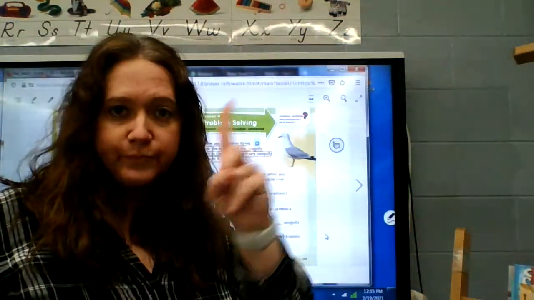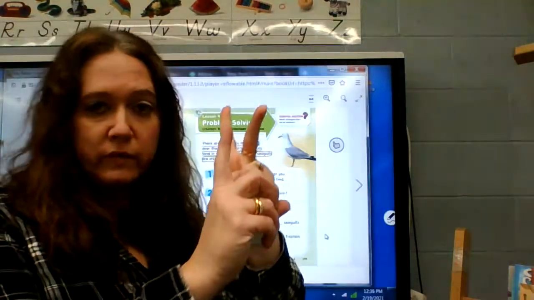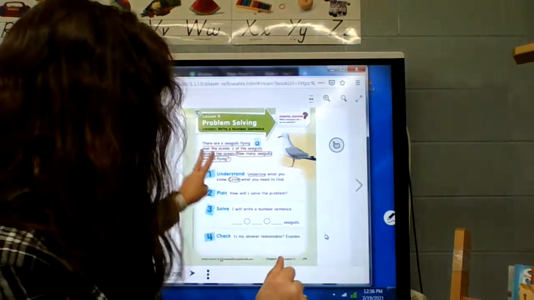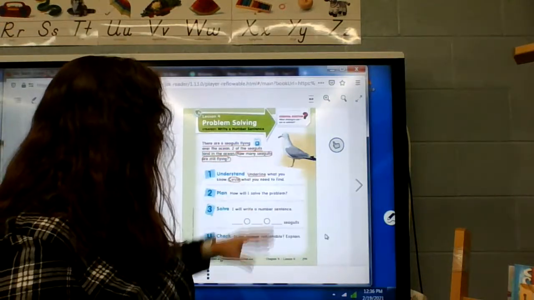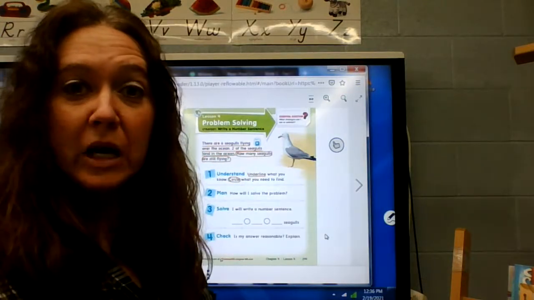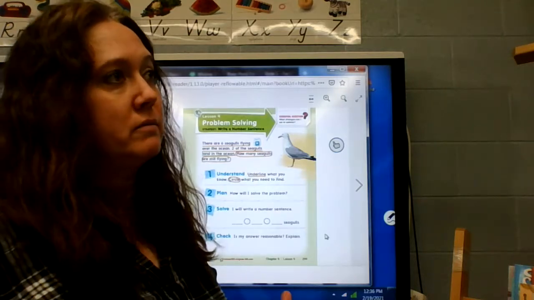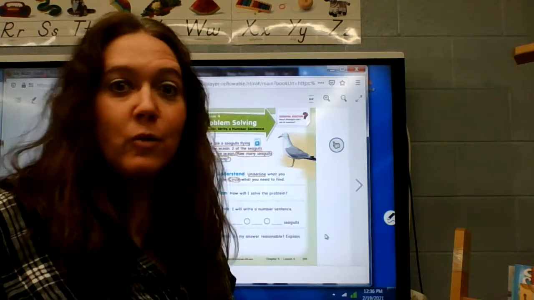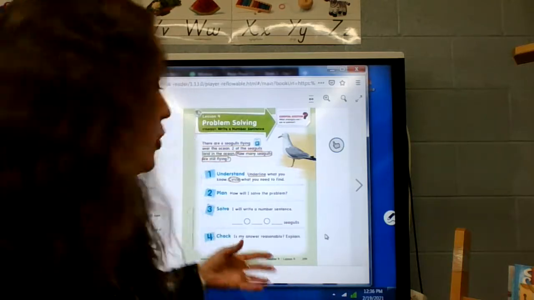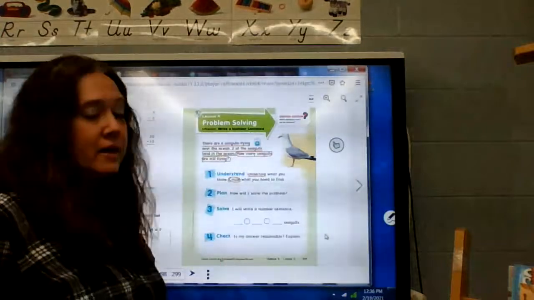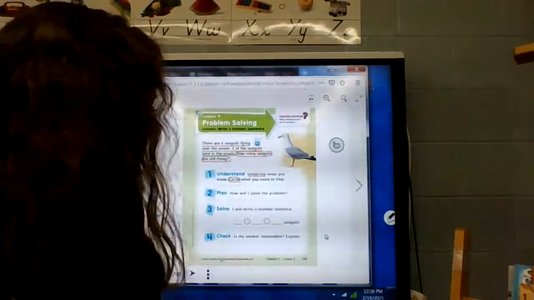We knew that 2 of them landed in the ocean. So they underline that. Circle what you need to find out. What we need to find out is the question. That's always what somebody's asking, a question, they want to know the answer. So they circled the question, how many seagulls are still flying? That's what we need to solve.